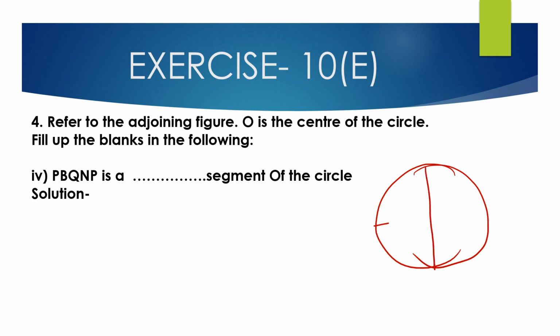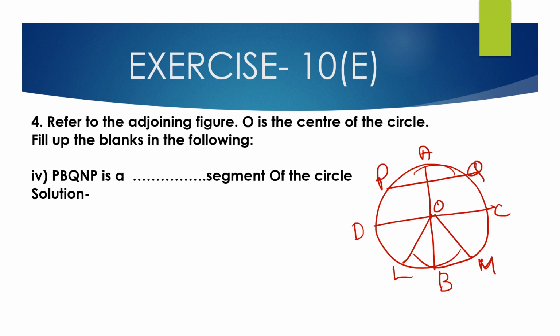These are the four quadrants, A, center O, B, C and D. This is O and L, M. This is P, Q. And this is M. PBQ and P is the major segment of the circle.